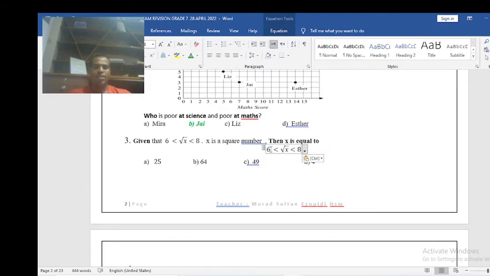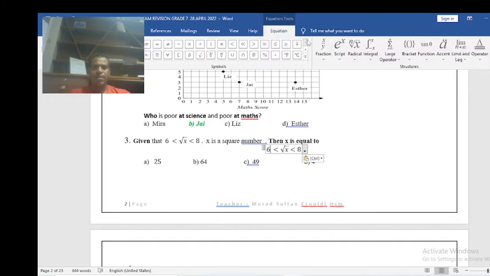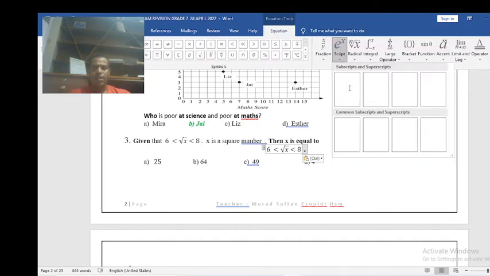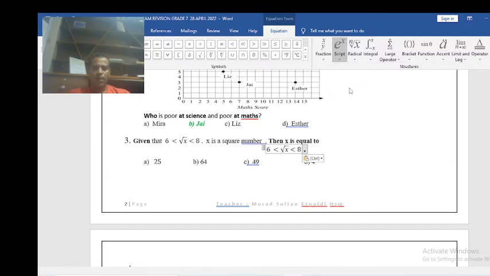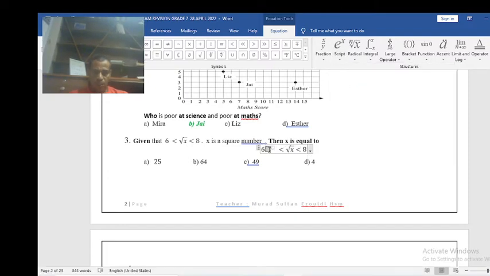First of all, 6 squared, learners. I will write it here, then I will erase this.